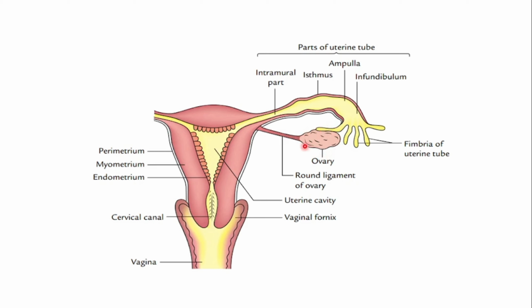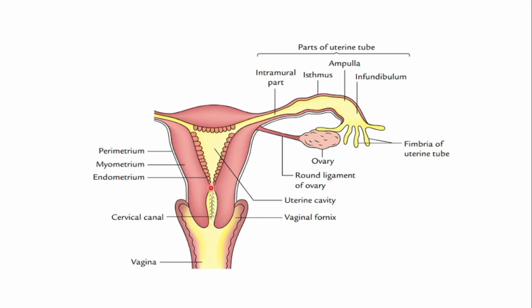The ovary is connected or anchored to the uterine wall by the round ligament, and the uterus has the uterine cavity and its uterine wall with different layers as seen. It has the endometrium, it has the myometrium, and then the perimetrium, and continues as the cervix.